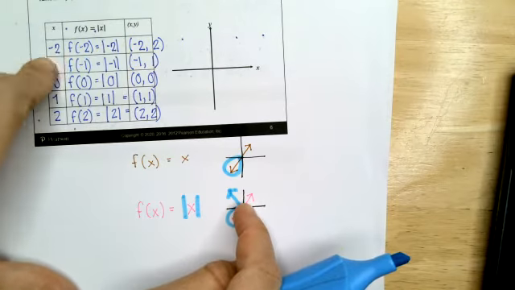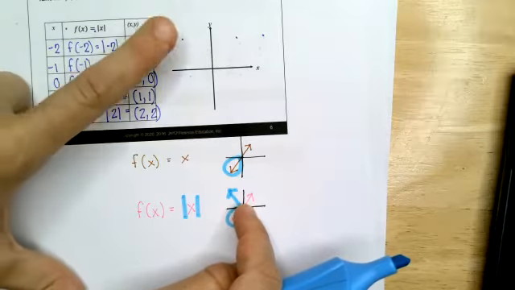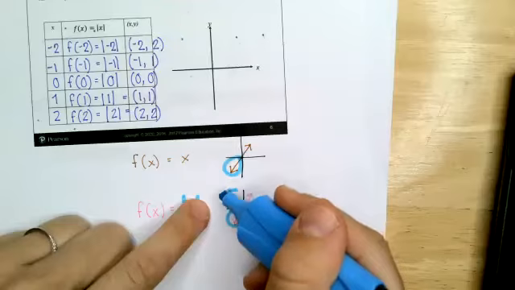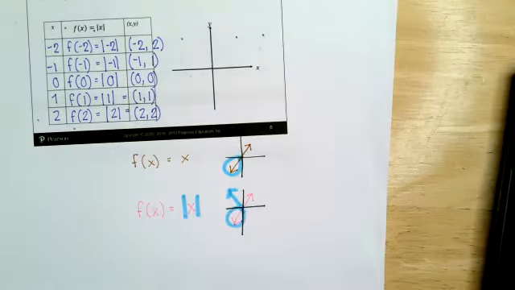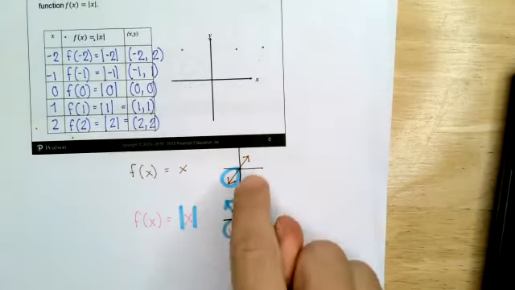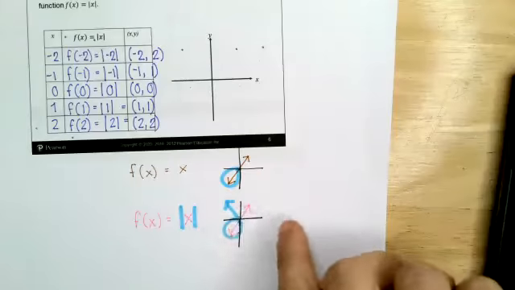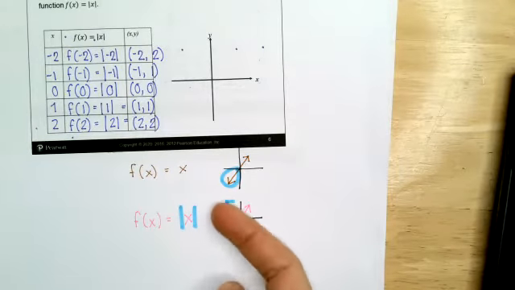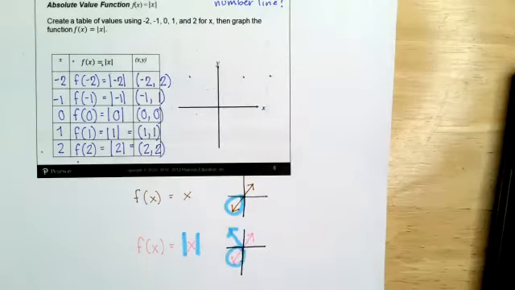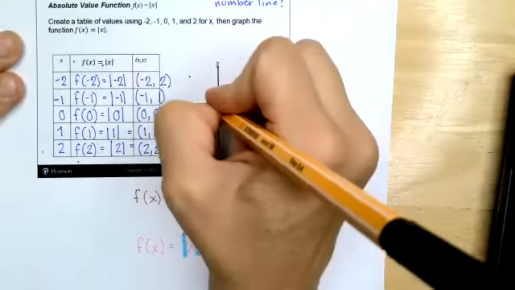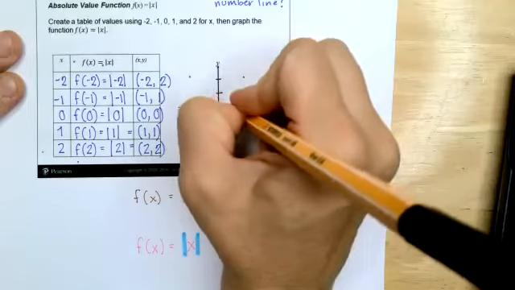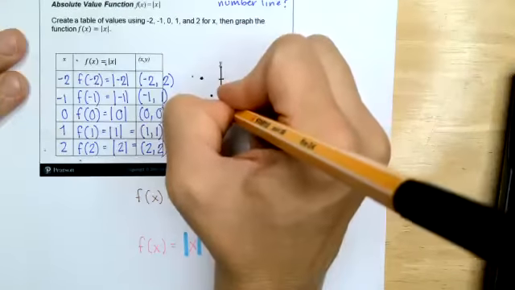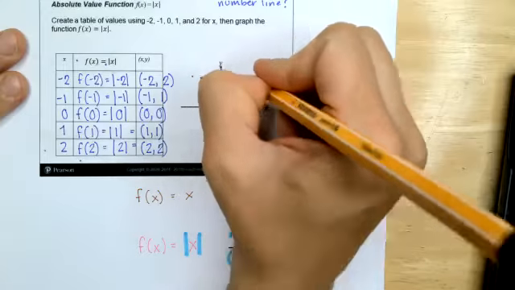They keep getting bigger, right? -3 will be a +3, -4 will be a +4. So they're going to keep increasing, but they're not going to go in the negative direction. They're going to go back in the positive direction. So the absolute value function looks like f of x, but we took that piece of f of x equals x, and we moved it so that it's always positive. So -2, 2 is going to be here. -1, 1 is here. 0, 0, 1, 1, 2, 2.